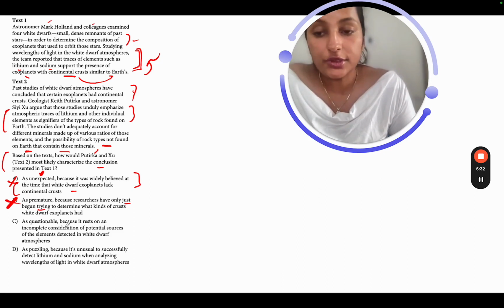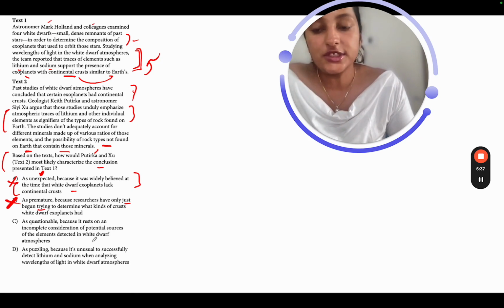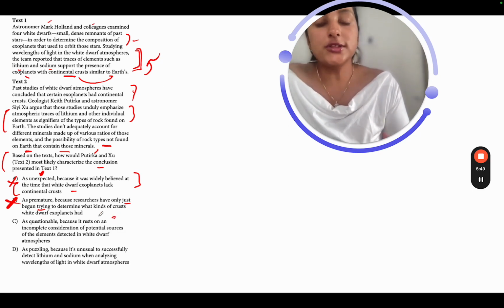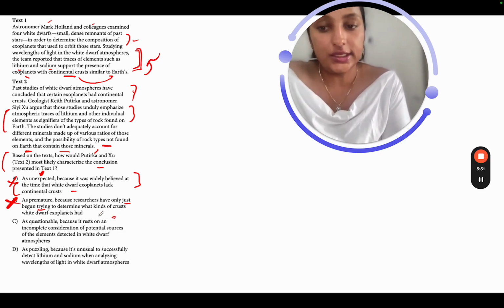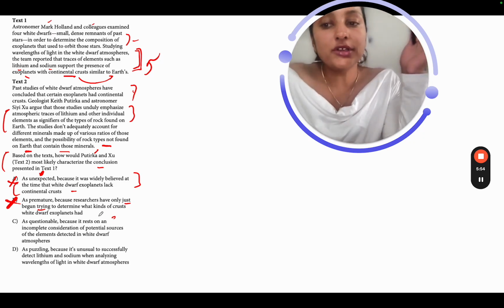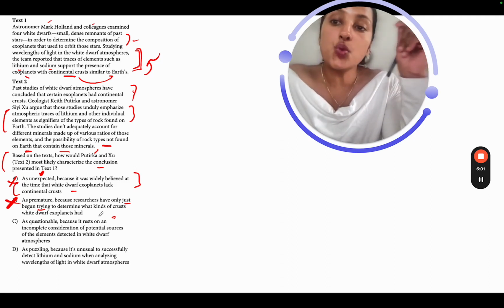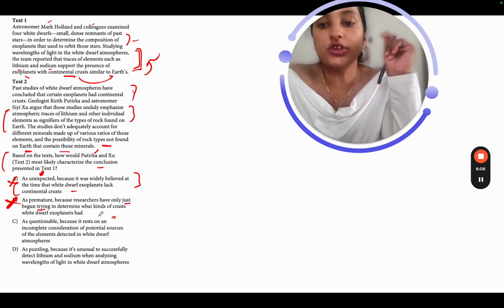C, as questionable because it rests on an incomplete consideration of potential sources of the elements detected in white dwarf atmospheres. So this particular option is telling me that the conclusion can be questionable because it's based upon certain considerations, right? As far as I remember, text 2 did mention that the problem was how they are coming to the conclusion, correct? That they are banking on one particular aspect and not considering all the aspects before jumping to the conclusion.